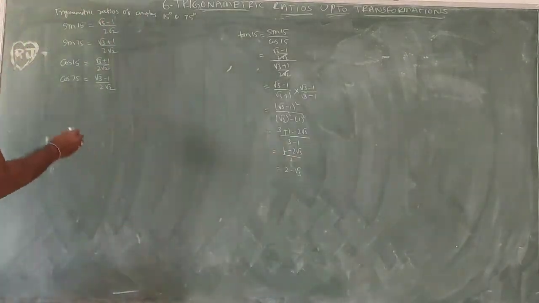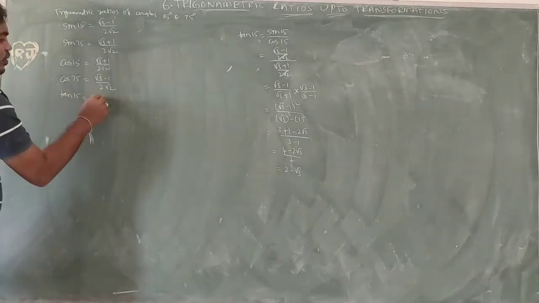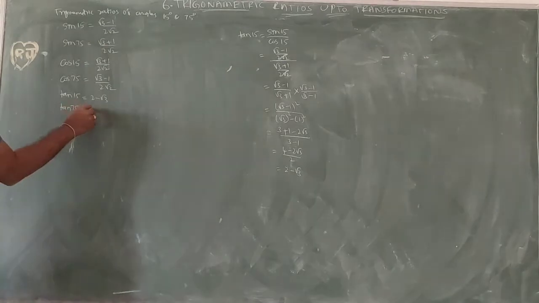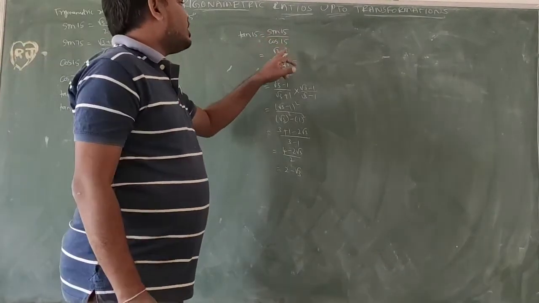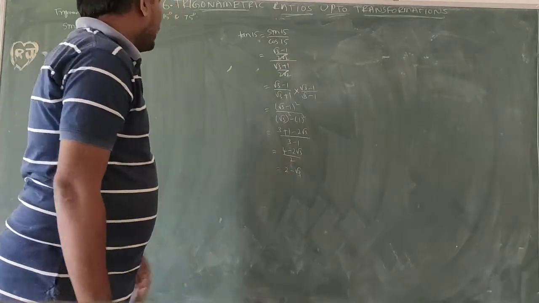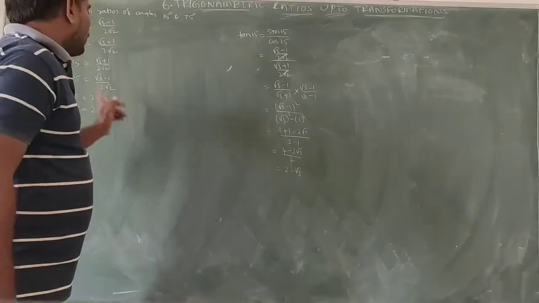So tan 15 equal to 2 minus root 3. If we take tan 75, with the plus sign, it will be like this, so we will get 2 plus root 3. Same thing, we will get 2 plus root 3.